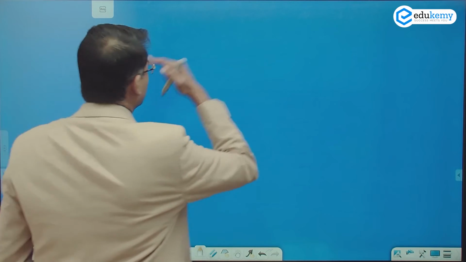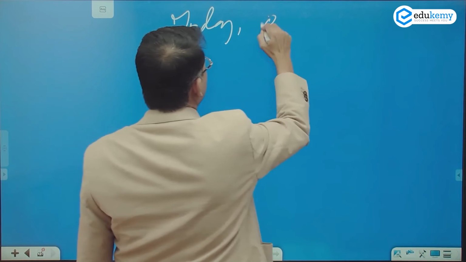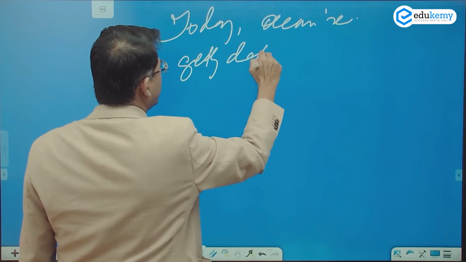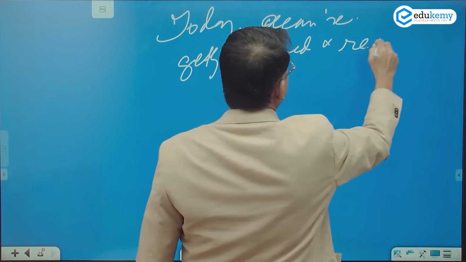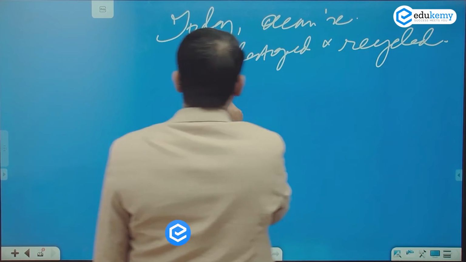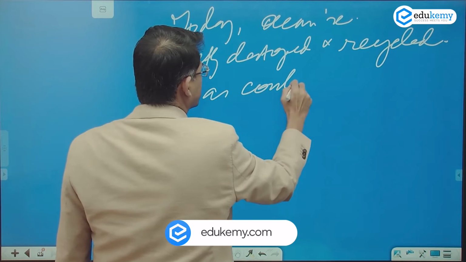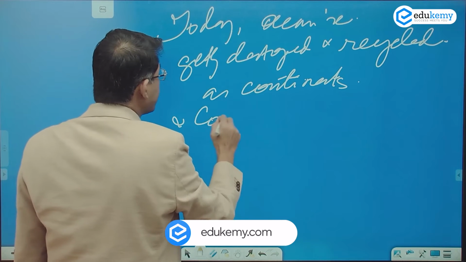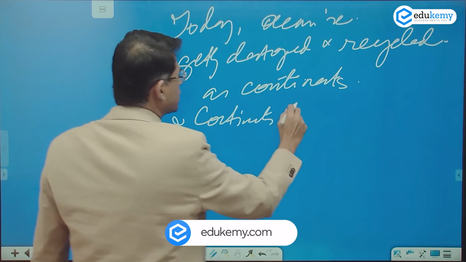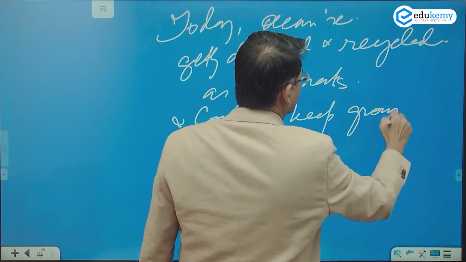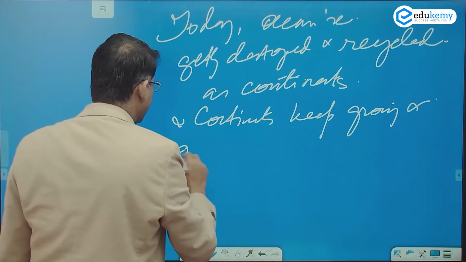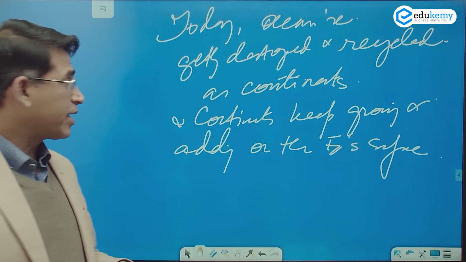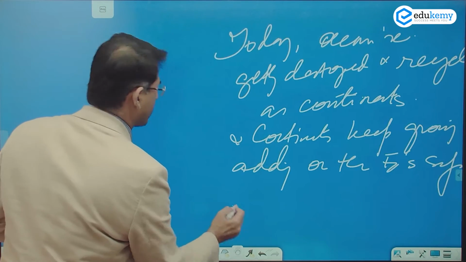So today, the oceans are getting destroyed and recycled as continents, and continents keep growing and adding on the surface. Now, an important point here.